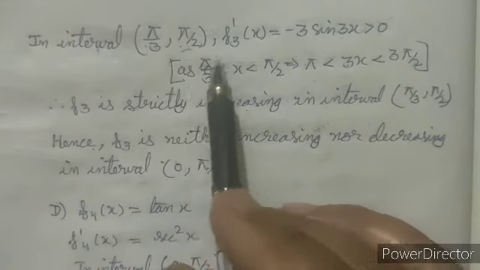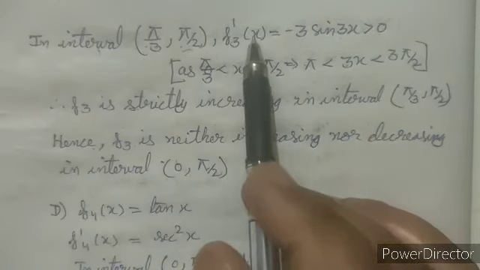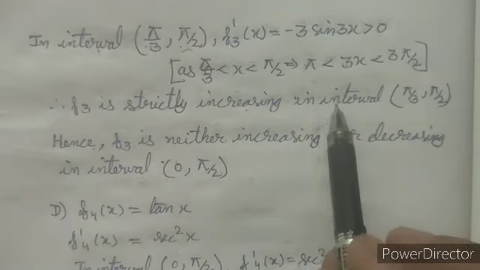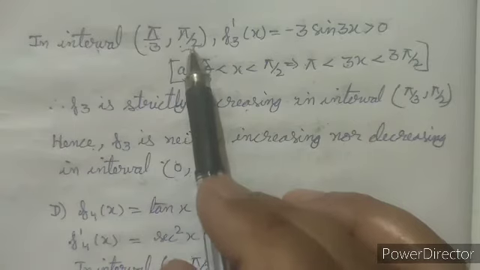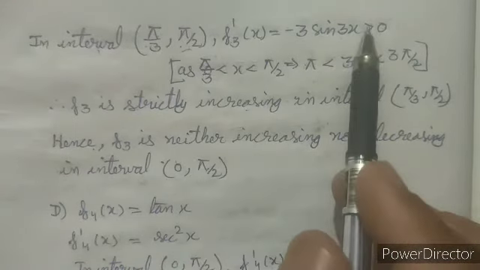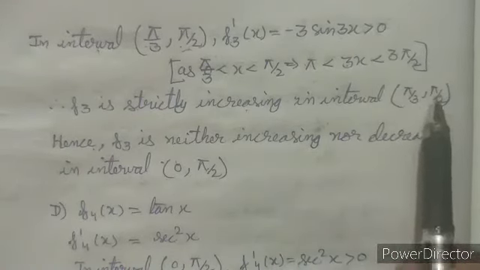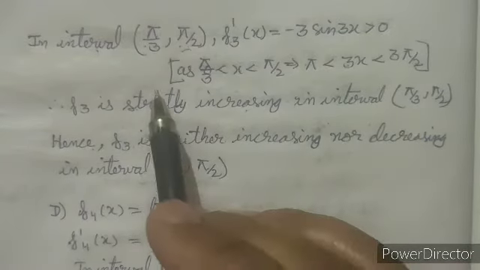Now that means f3(x) is strictly increasing in interval pi by 3 to pi by 2, as f3 dash x is greater than 0 in interval pi by 3 to pi by 2.